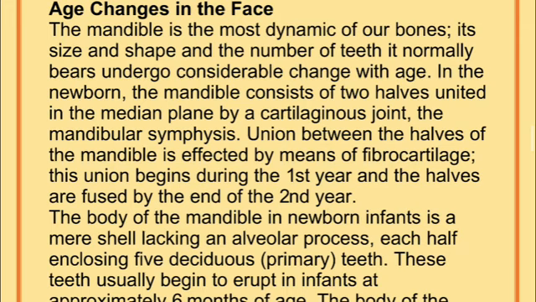The body of the mandible in newborn infants is like a shell that lacks an alveolar process. So each half encloses 5 deciduous, that's the primary teeth. These primary teeth usually begin to erupt in infants at about the age of 6 months.